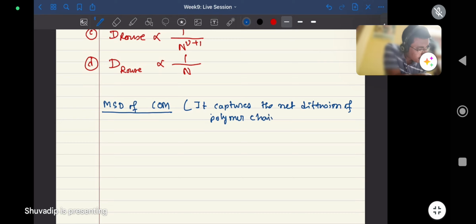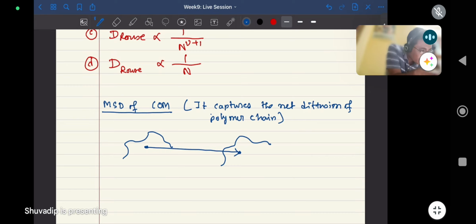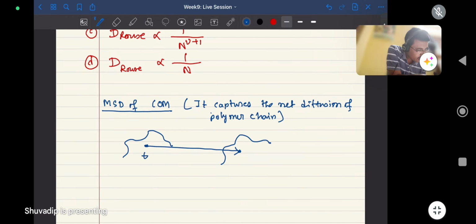the polymer chain. So suppose this is at time step t1, this is time step t2, the center of mass is moving from here to here. This will give some idea about how much the polymer is diffusing. So this is at time instant t1, this is at t2.